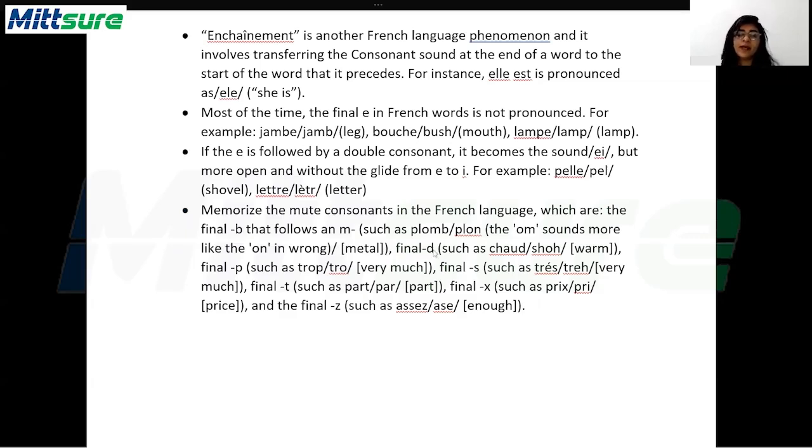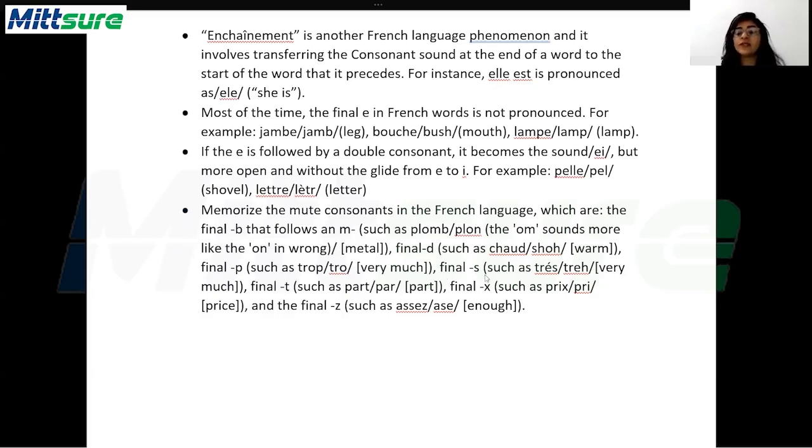If the word ends with D, for example in chaud, then D will be silent, it will become cho. Yes, it means warm. If the word ends with P, it will also be silent, trop. It will become tro, just tro. Trop means very much, too much, or too, T-O-O, okay?